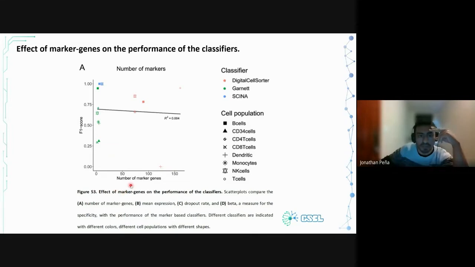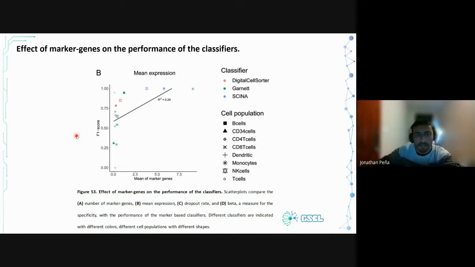They observed the number of markers didn't have a significant correlation with the F1 score, but the mean expression of the marker genes is positively correlated with the performance, because when the marker genes have a higher mean expression, they obtain a higher F1 score.